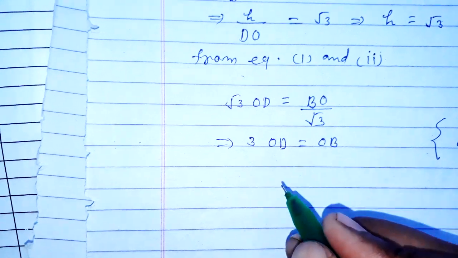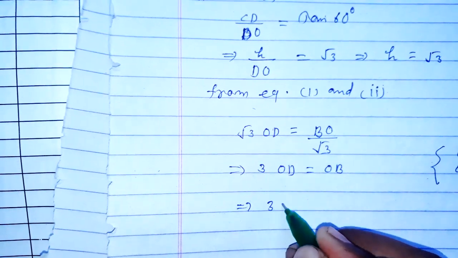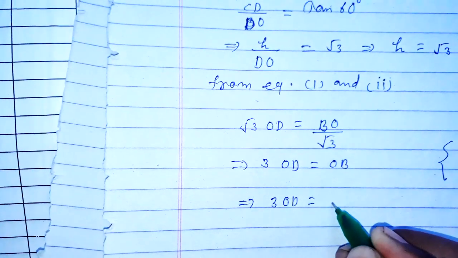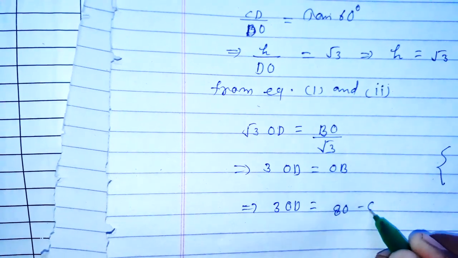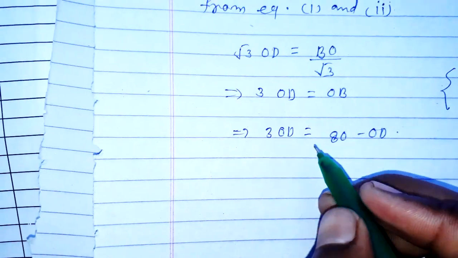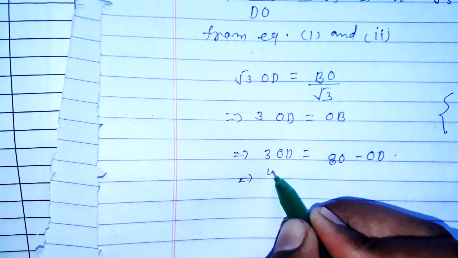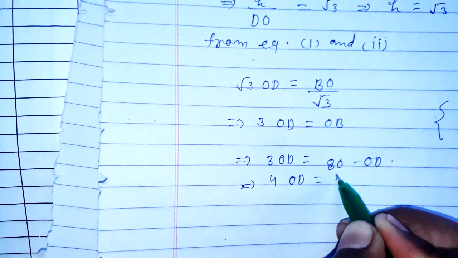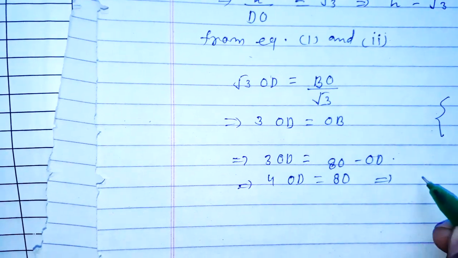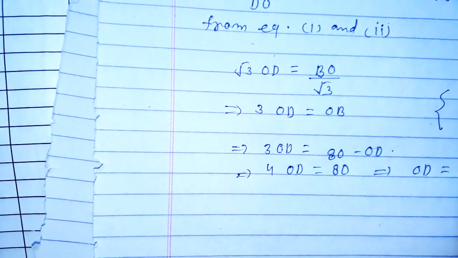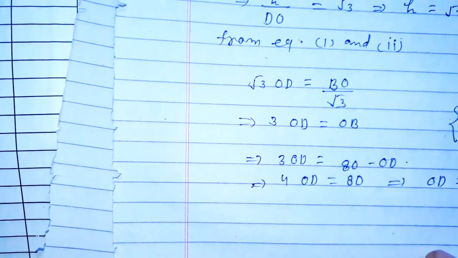Putting this value, 3 OD is equal to 80 minus OD. Transferring, 4 OD is equal to 80, which implies that OD is equal to 20 meters.